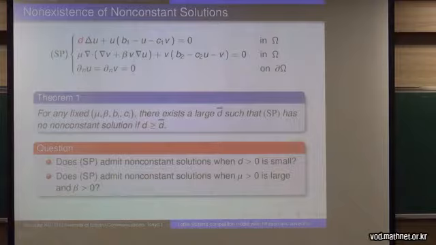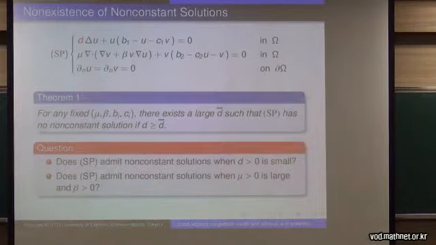If this advection vanishes, it is easy to know that SP has no non-constant solution when this mu is large enough, because these two equations contain similar structures.